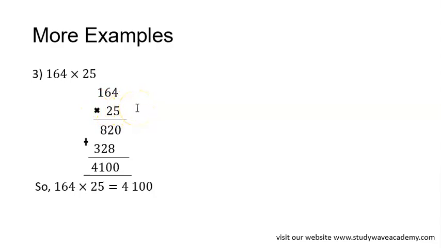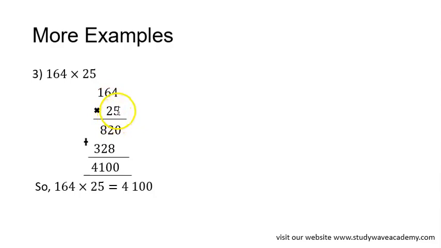So we start by multiplying. Remember, we're starting from the right to the left. Good. So we have 5 times 4 is going to give us what? 20, right? Good. So we write down 0 and carry 2.